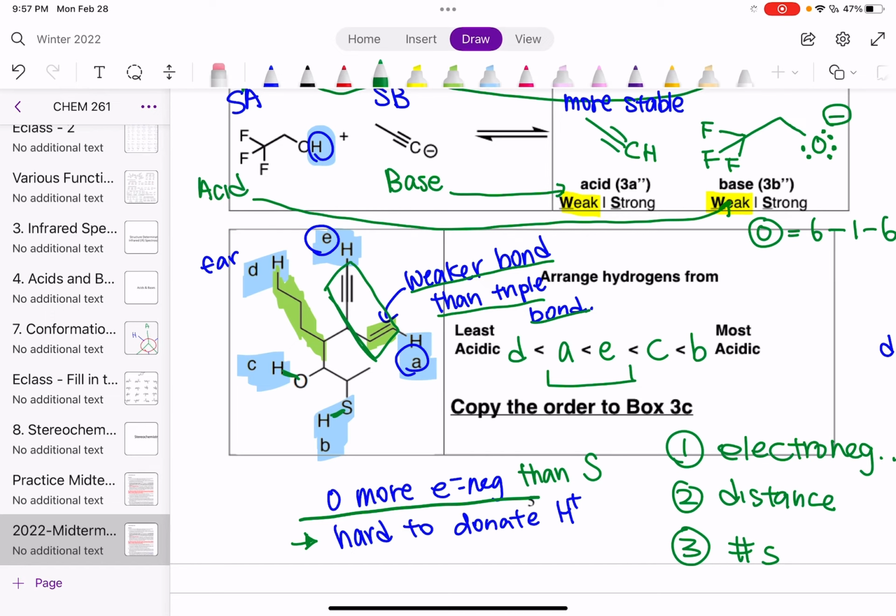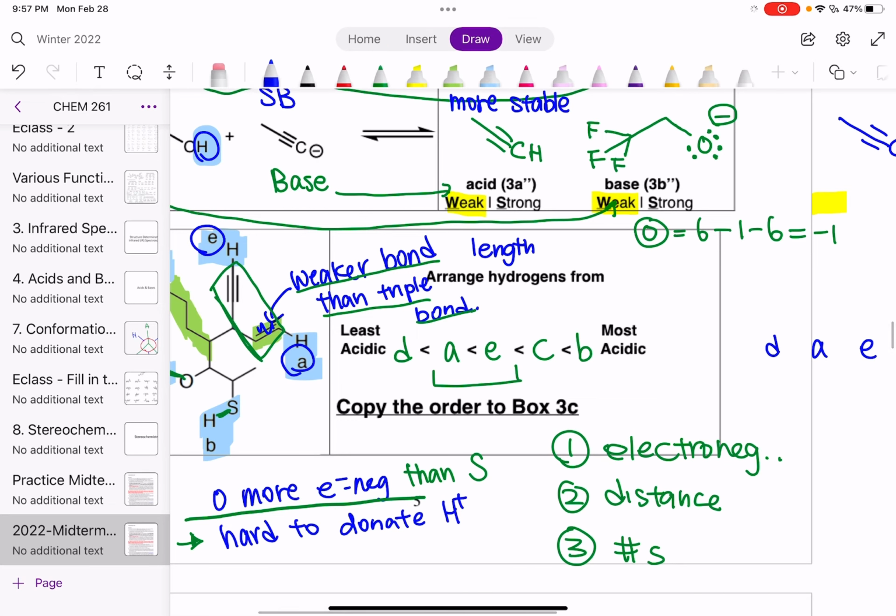So what we have here is, the double bond right here is weaker, so the length of the double bond will be greater than the length of the triple bond.